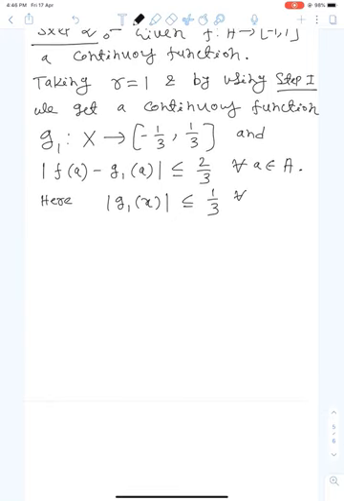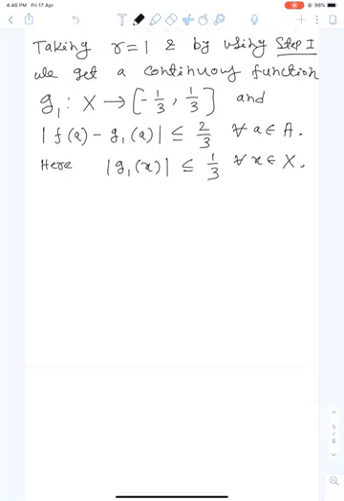Fine, for all x belongs to X. Anyway, so we have a function f minus g1, that is less than or equal to 2/3. Now we shall repeat the argument again and again.